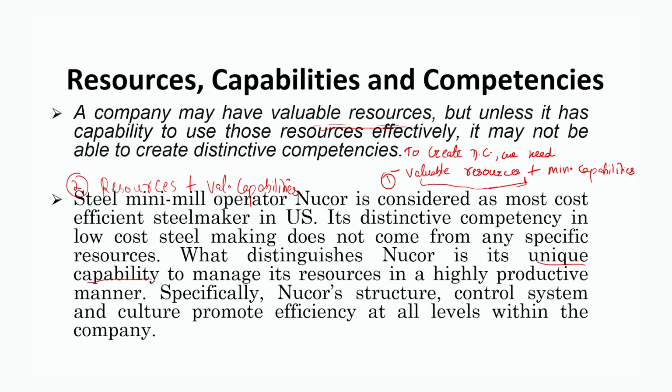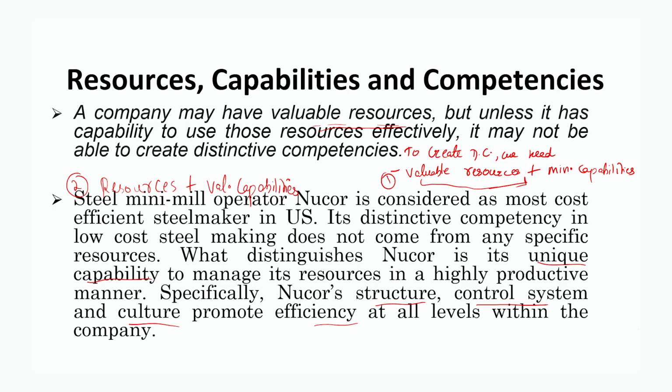It has the same resources as any other steel company in the country. Still, it was its unique capability which they used in order to manage those resources. Specifically, Nucor's structure, the control system and the culture of the company, which has always promoted efficiency at all levels, was the main reason for its low-cost steel.